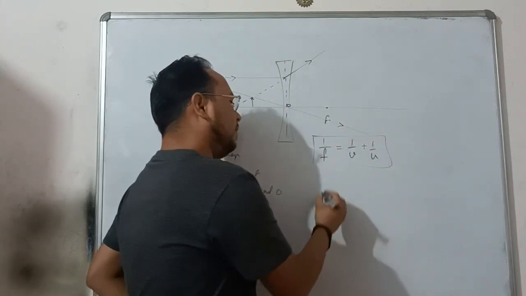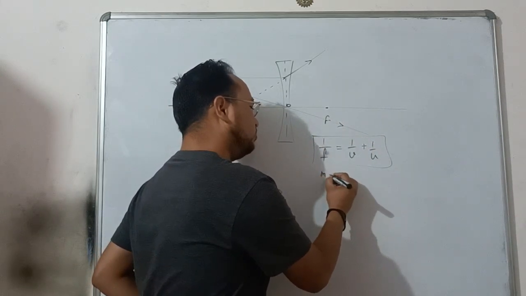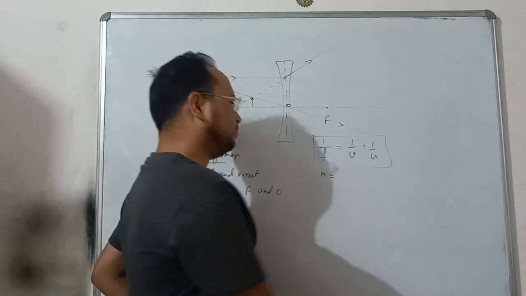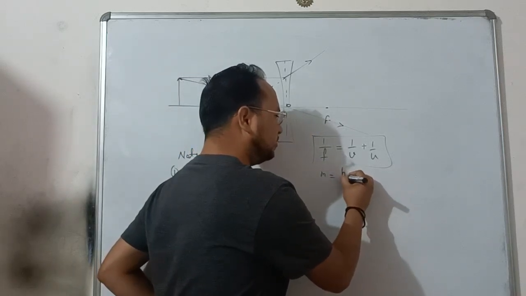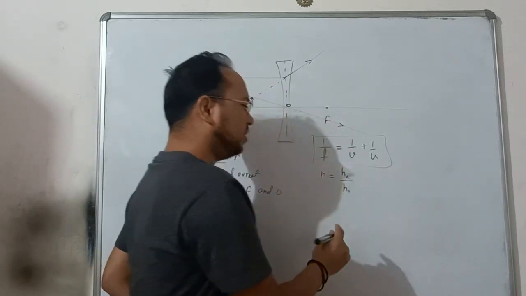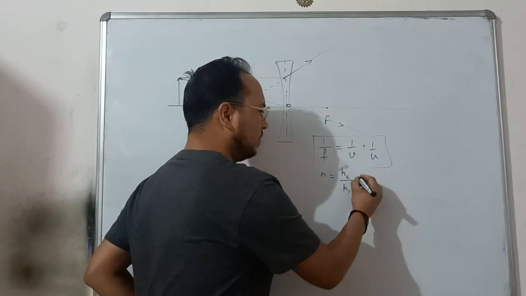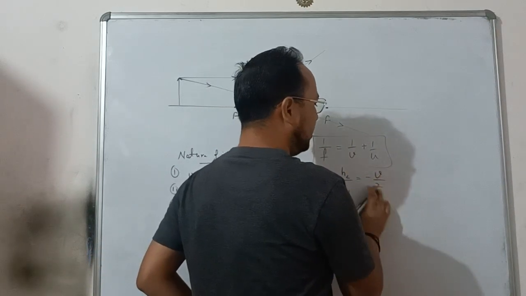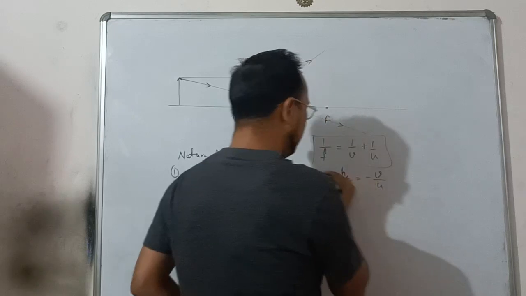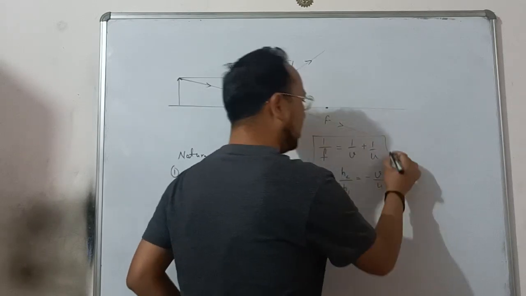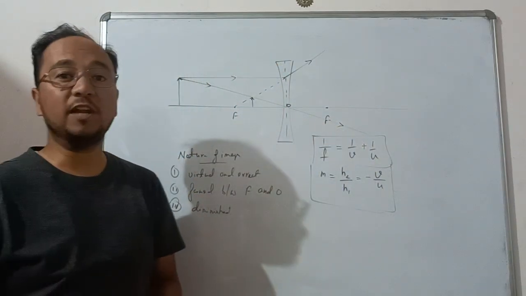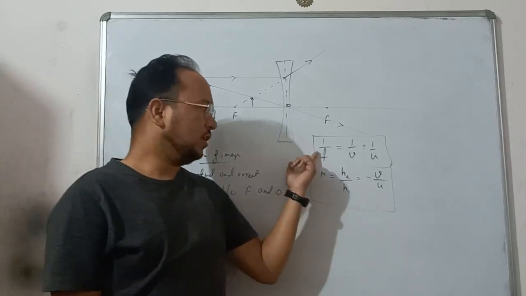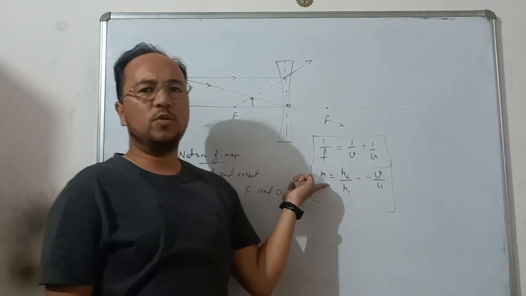And what is the magnification produced by a spherical mirror? It is always the size of image upon size of object, or minus v upon u. These terms are related to spherical mirrors. This is the magnification produced by the mirror.